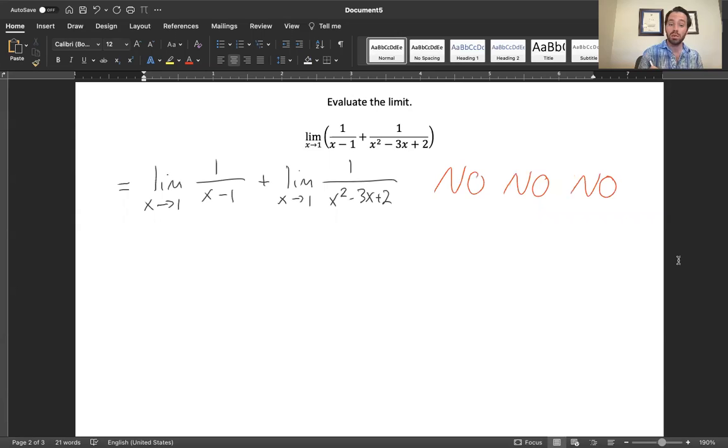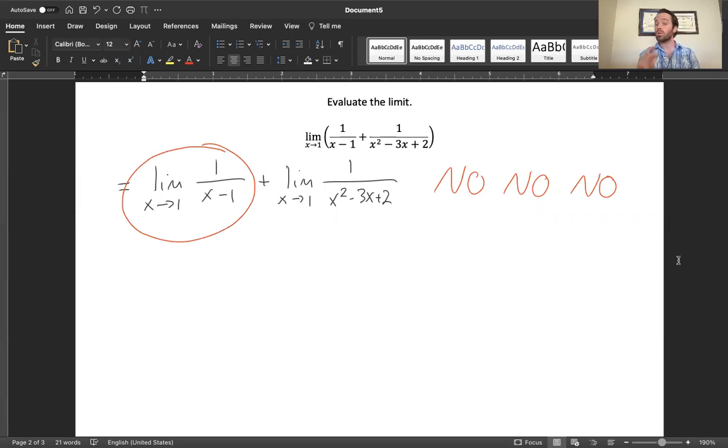In most cases, the limit that we have typed at the top of this page will be equal to what I've just written. However, in some cases, the limits individually will fail to exist, and then you can't separate them out. Like this limit right here, as x approaches 1, that limit doesn't exist.